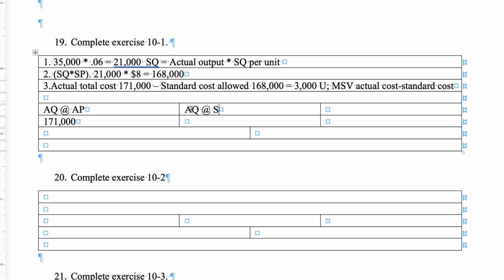The next thing we need to figure out is what is the actual quantity at the standard price. Well, we know that the actual quantity used, the problem tells us, is 22,500.